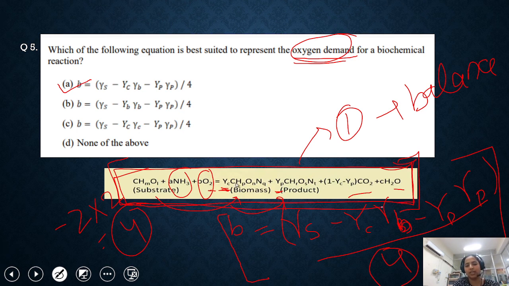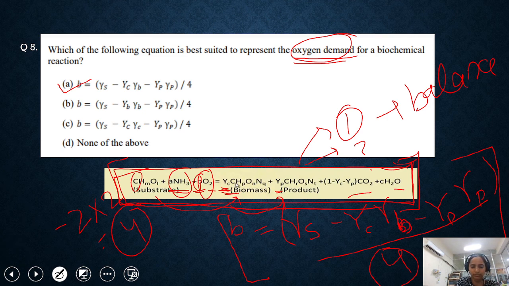This equation will help you in solving all types of questions relating to the biomass production of other substrates, and even in finding other problems. So here oxygen is represented by B, and this is A, that is the ammonia source, and this is the substrate. In the substrate we mainly consider the first one carbon, so that's why this is YC.